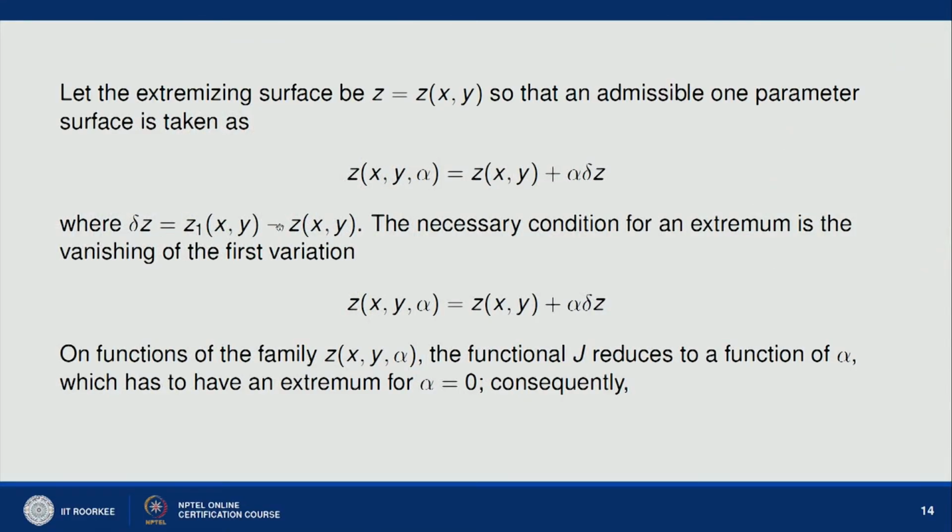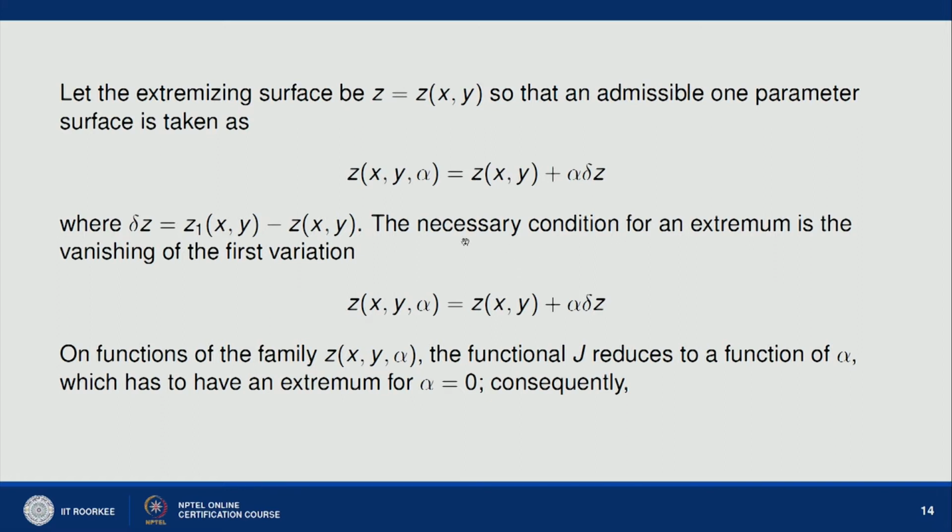So delta z is nothing but z1 of x comma y minus z of x comma y. We may also call this z1 of x comma y an admissible surface for the extremal J. Here z1 and z both satisfy the same boundary condition on the boundary C of the domain D.